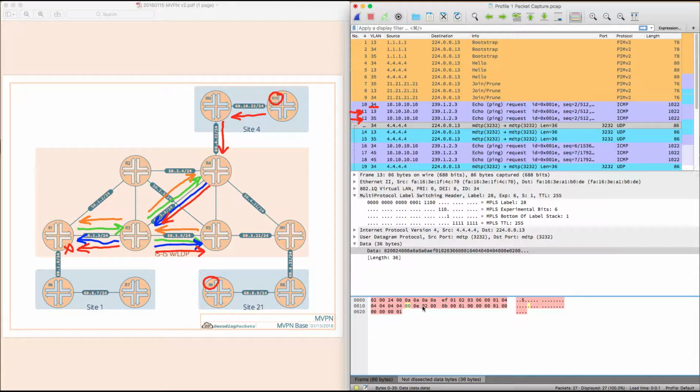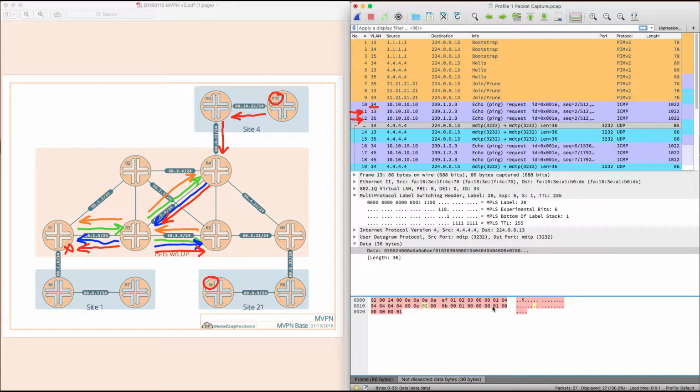And later on, when we look at the actual signaling for mLDP, you would realize that this next part here, all of this, 000E, 02, then B, and 0101, all of that is just the opaque value that is being signaled.